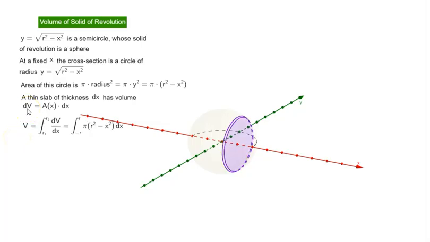Now to get the volume, we have to integrate both sides. So we get V is equal to the integral of dV by dx, from where to where? From R1 to R2. Now here R1 and R2 are what? It is from minus r to r.